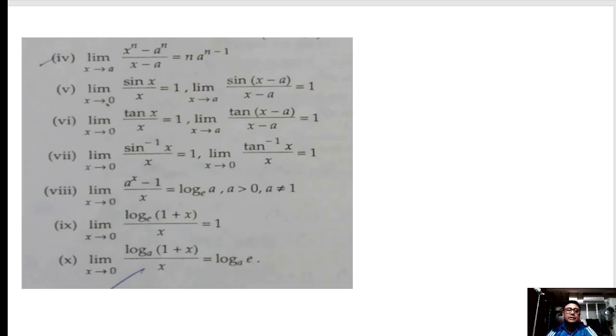So please watch here, this is the formula of the log: limit x tends to 0, log 1 plus x by x is 1. The angle and the denominator should be the same. Using these, let us go ahead and see what our sum is.